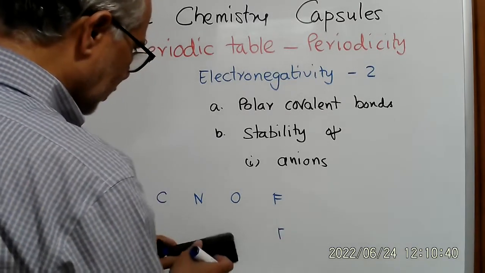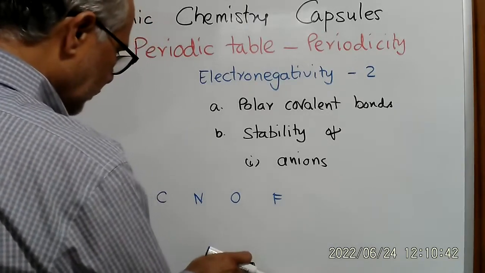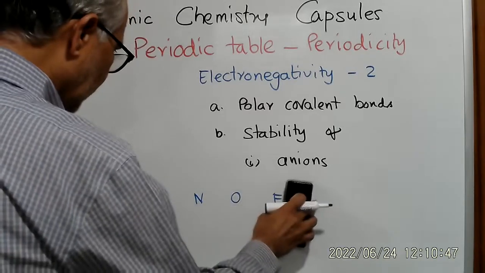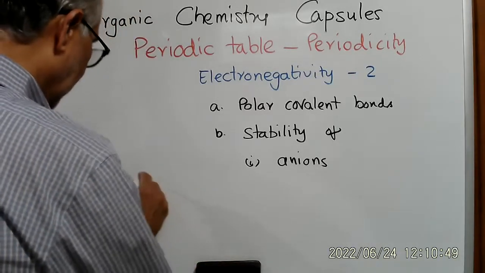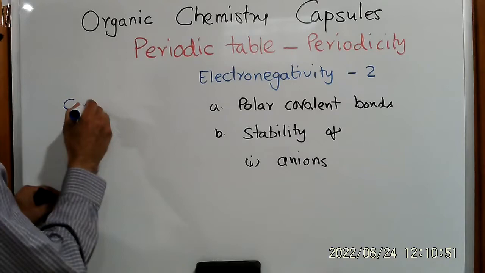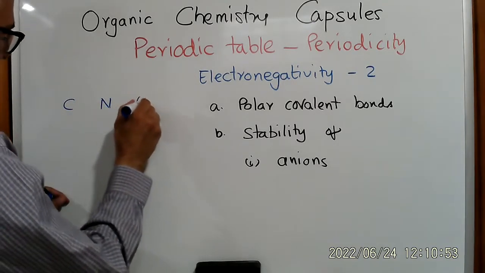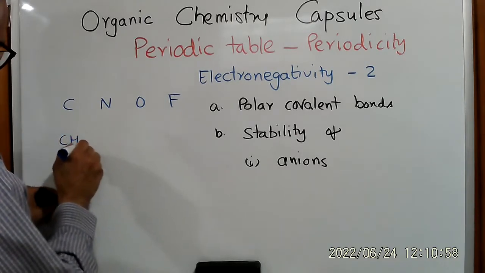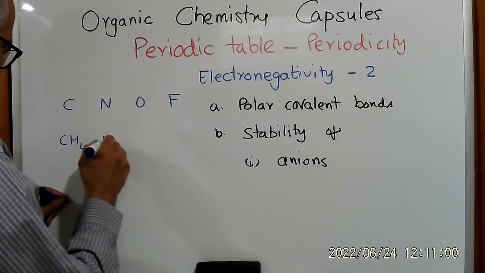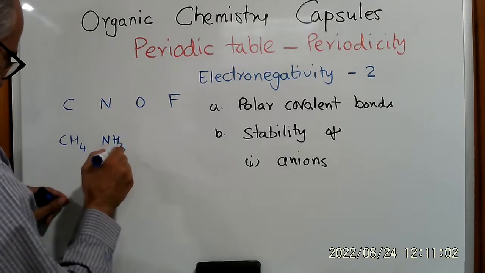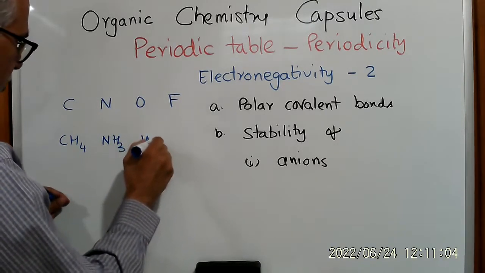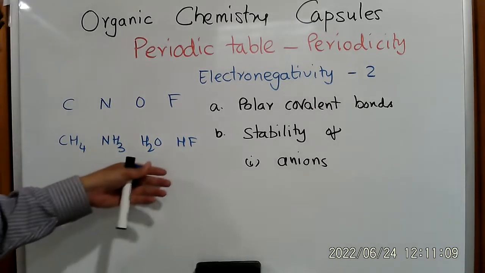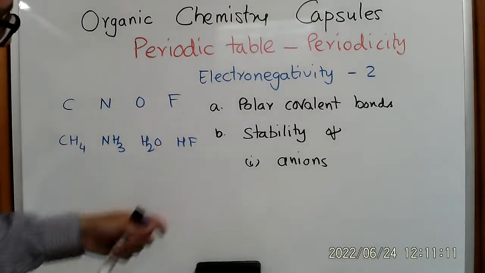And I'll also draw the compounds with just hydrogens on them, the simplest compounds: CH4, carbon with 4 hydrogens, nitrogen with 3 hydrogens, oxygen with 2 hydrogens, fluorine with 1 hydrogen. So this is one series of compounds.